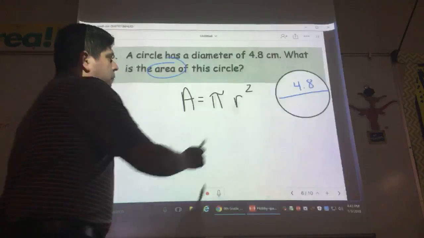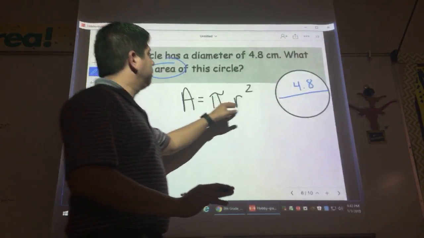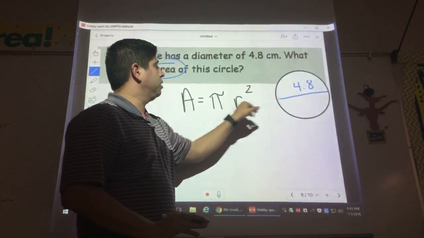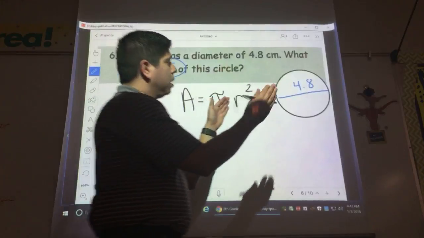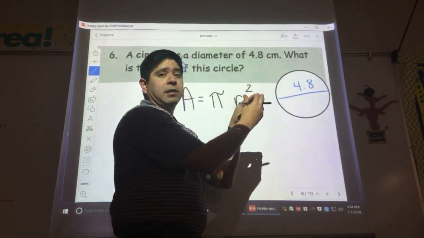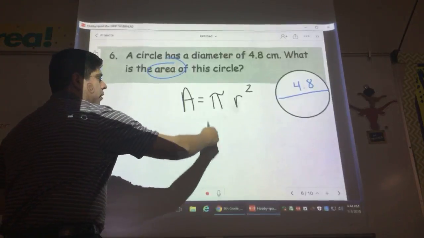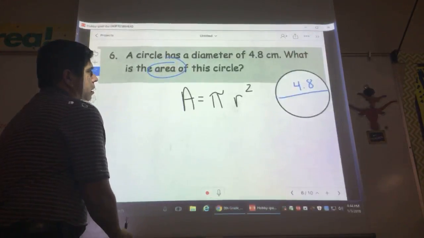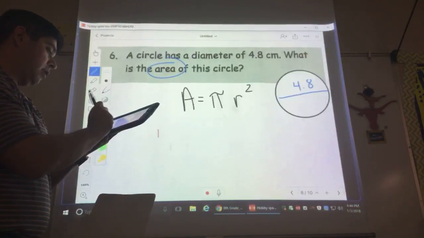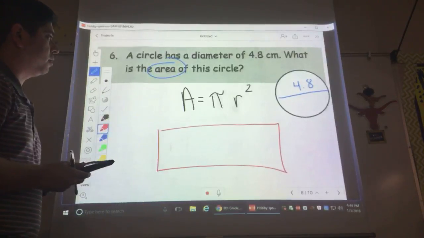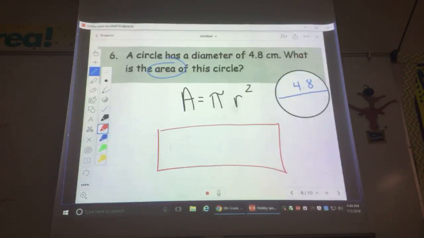If you put 4.8 where the radius is, it's going to be wrong because we're looking for the radius, not diameter. We use radius in this formula. So you're going to have to cut this in half or divide it by 2 to find out what the radius is. Once you do that, plug it in your formula right here, and you'll get your answer. Okay, that was number 6.